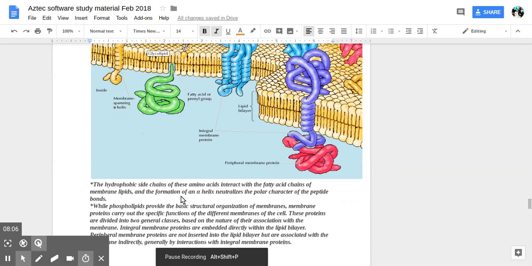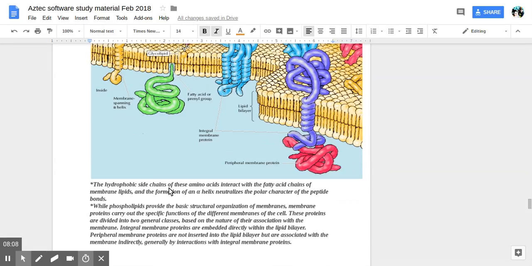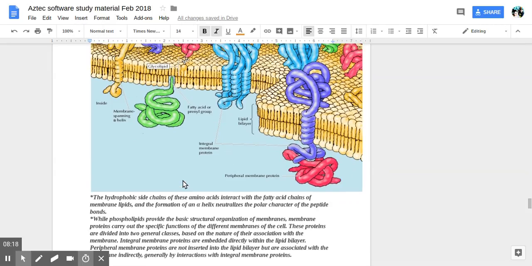Okay, so basically hydrophobic parts interact with hydrophobic parts, and hydrophilic parts interact with hydrophilic parts. And that's how the molecules interact.